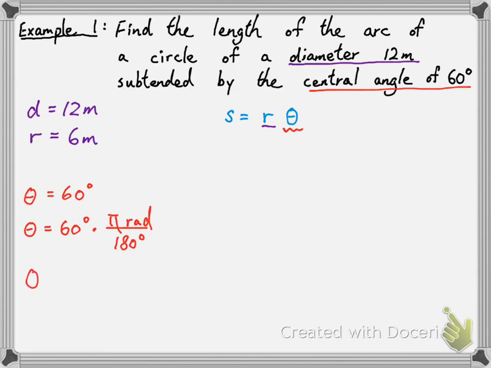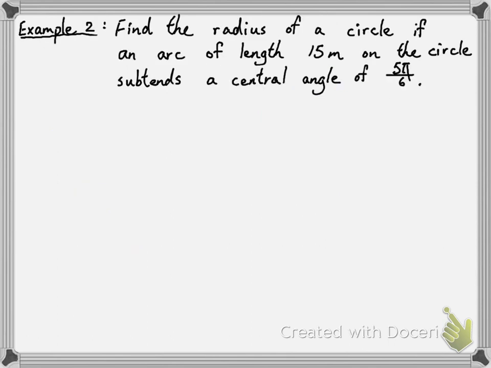As we simplify, we find that theta equals pi over 3 radians. Now we substitute. s equals 6 times pi over 3 radians, and we find that s equals 2 pi meters.